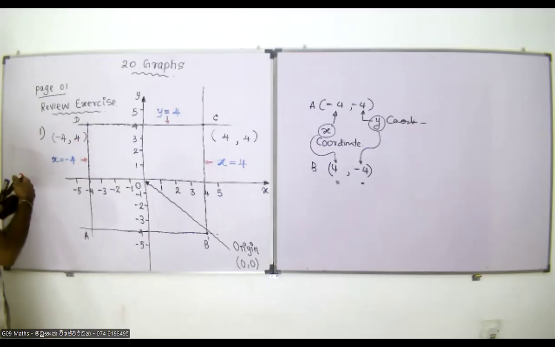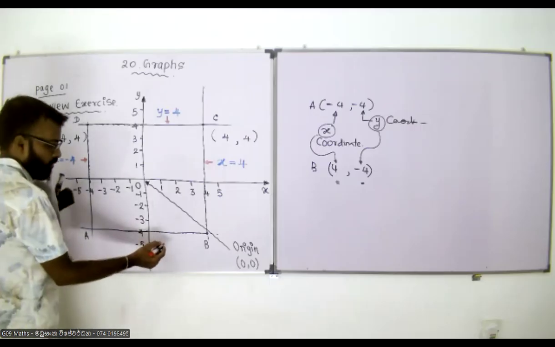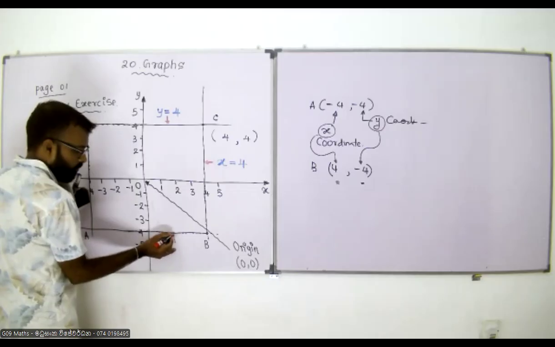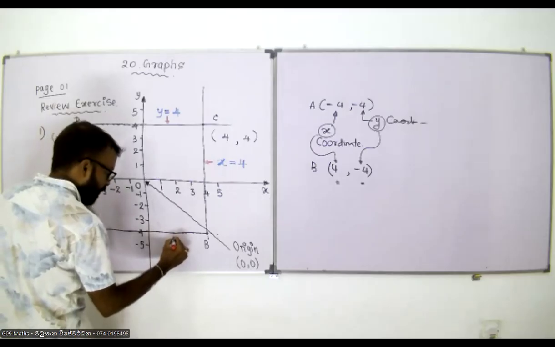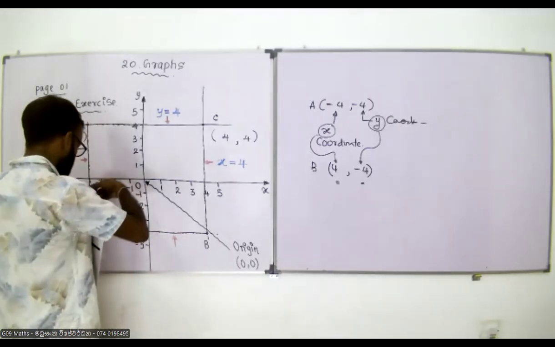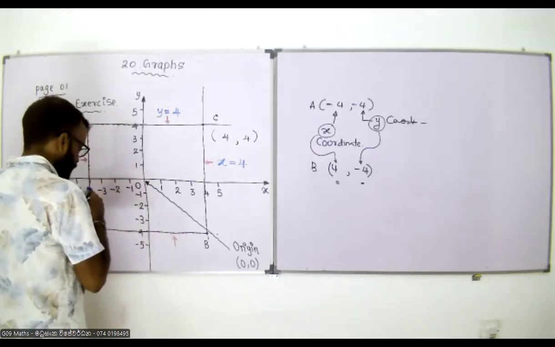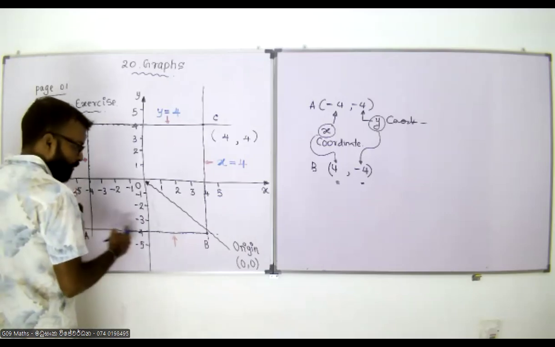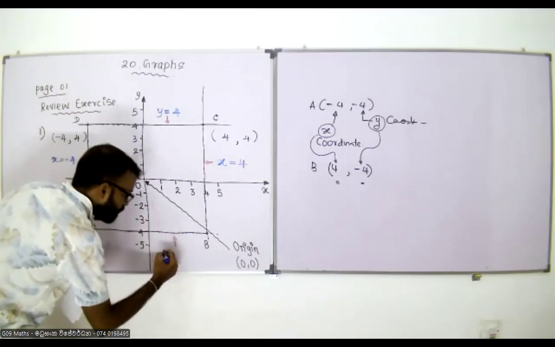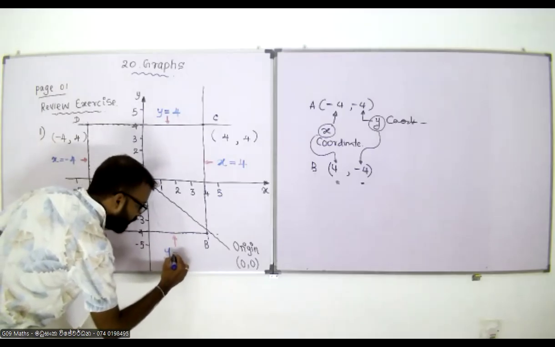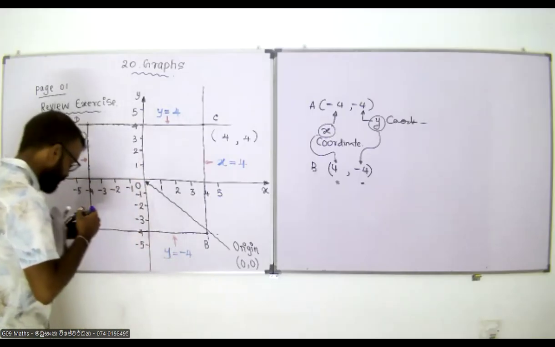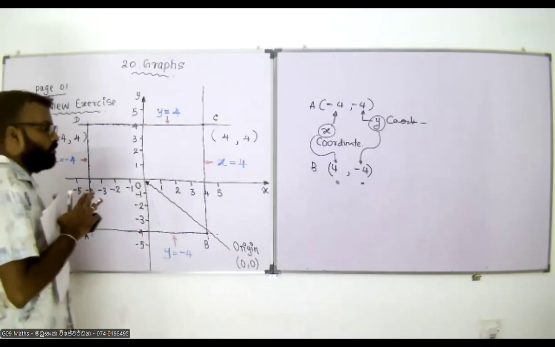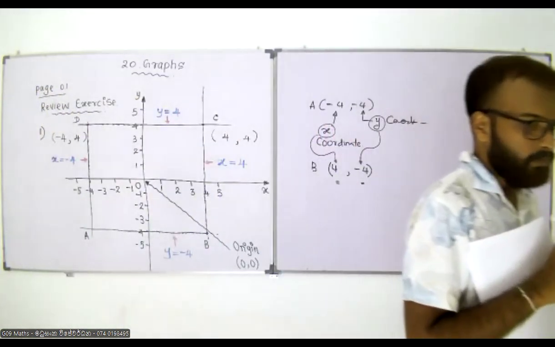Then you are going to write the equation of the AB line. First of all, the AB line passes through the y-axis, so this should be y equals something. Since it is below, this is negative. So the equation of the AB line is y equals negative 4. That's all.